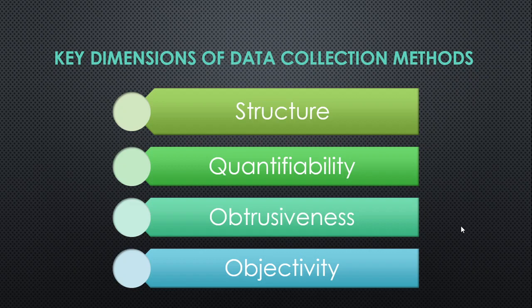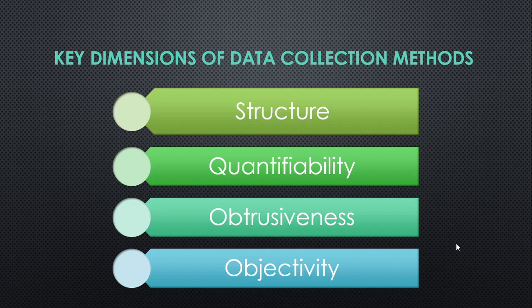Quantifiability. Data that will be analyzed statistically must be quantifiable. So, structured data collection approaches tend to yield data that are more easily quantified. Para naman ma-quantify natin yung mga responses nila para mas madali natin silang i-interpret.